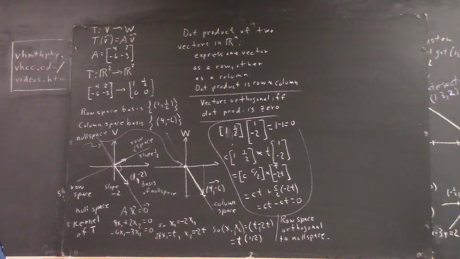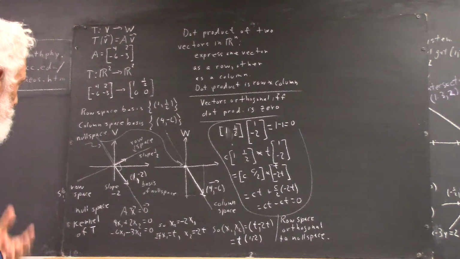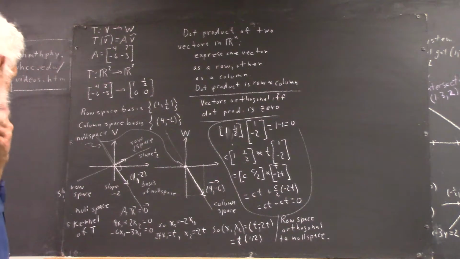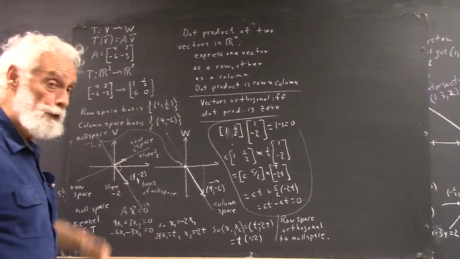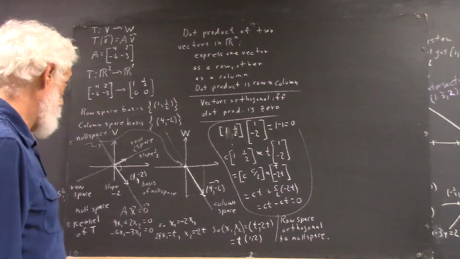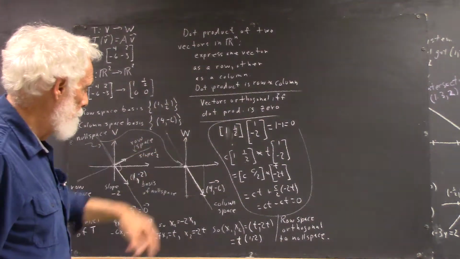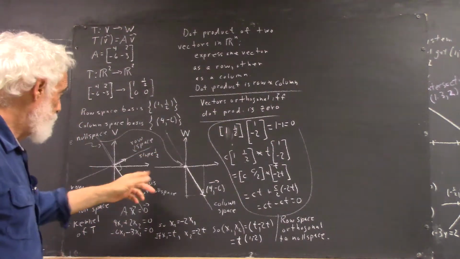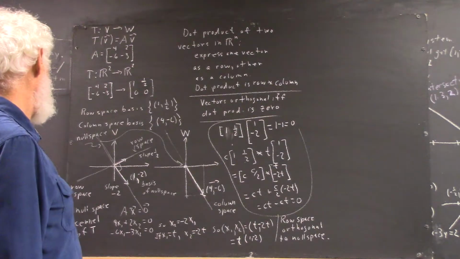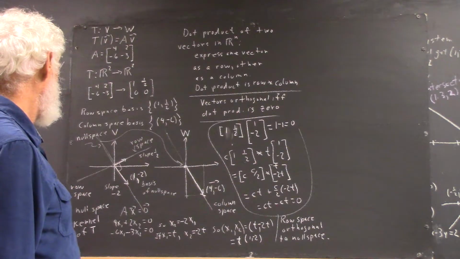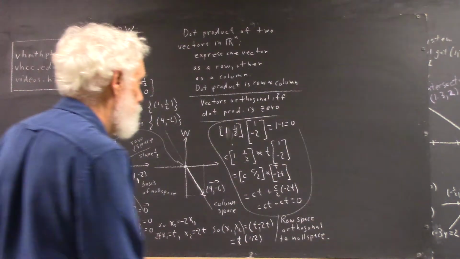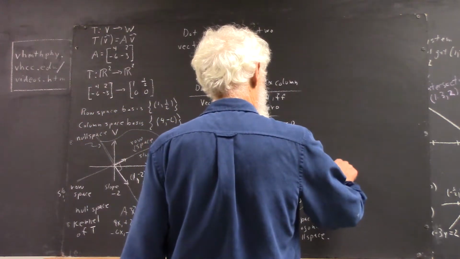Okay, well, there's more that could be said, but we want to get the picture of a row space and a null space being orthogonal. Okay? And then we want to get the picture of the mapping of V to W. Okay, well, let me just draw it here. Okay.